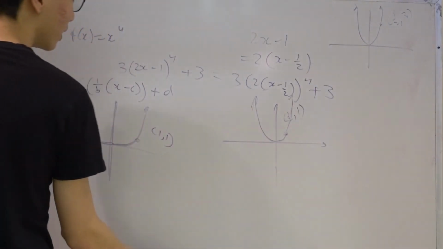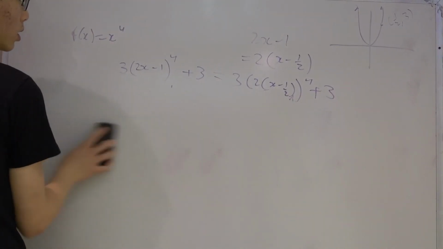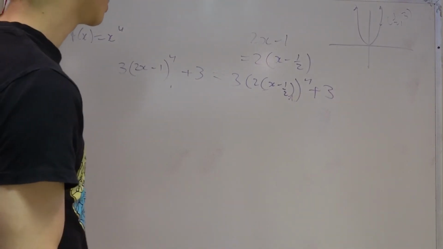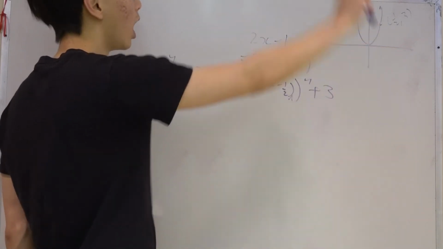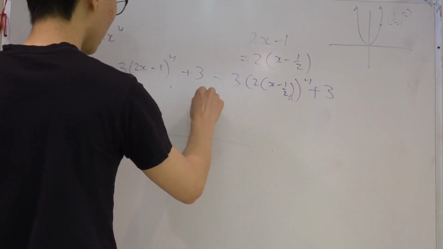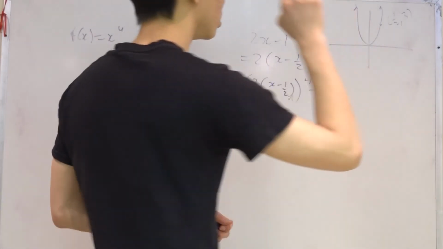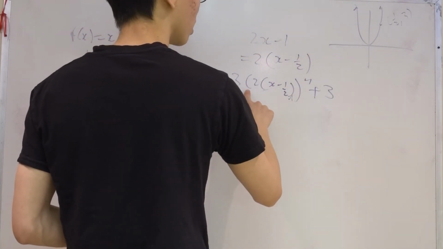Then the only thing left is for us to take care of our translations. So what are our translations? We need to move everything 1/2 to the right and up 3. If we do that, where do our points get sent? Well, this point gets sent to (1, 6). So let's draw (1, 6) somewhere.